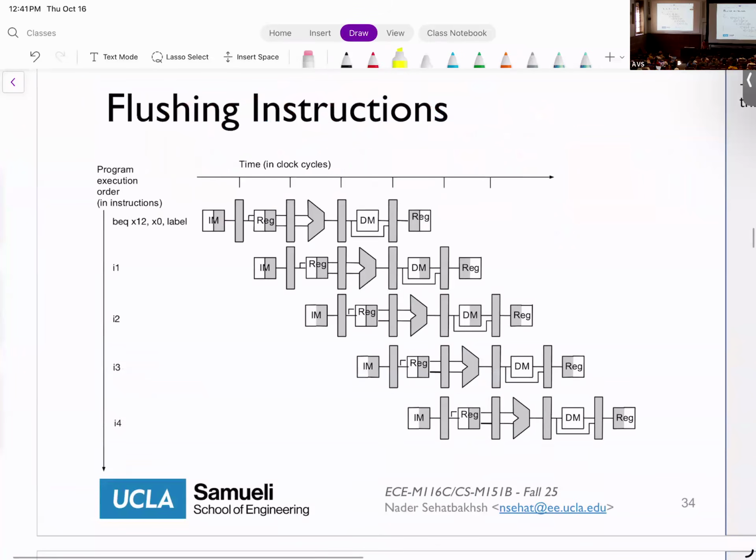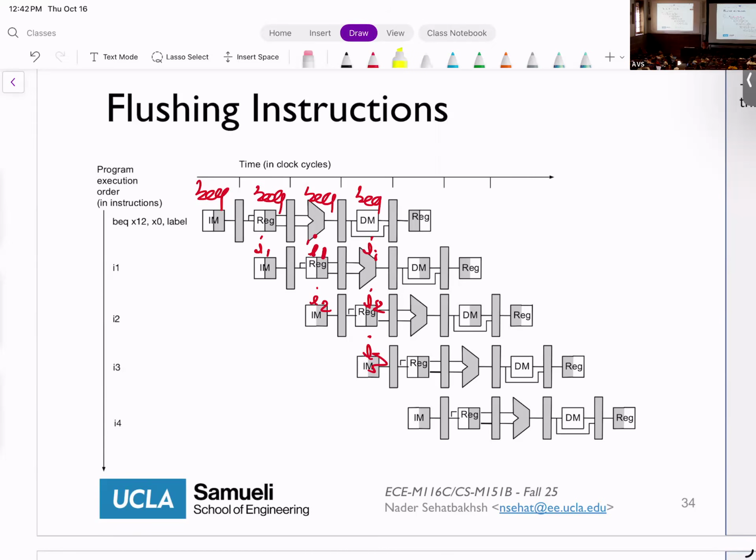So basically here what happens, right? I told you that what we do is that we assume that the branch is not taken. So we do branch equal, I1 here; BEQ, I1, I2 here; BEQ, I1, I2, I3 here. At this point, we will know exactly whether or not your branch is taken, where it's going to, and whether this is a branch.